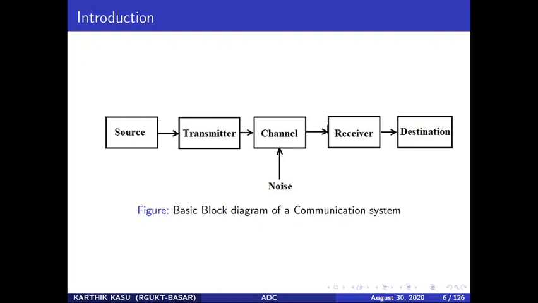But because of modulation, you can transmit your voice to another person who may be thousands of miles away from you. That is the significance of modulation. Without modulation, communication would not be possible over longer distances.